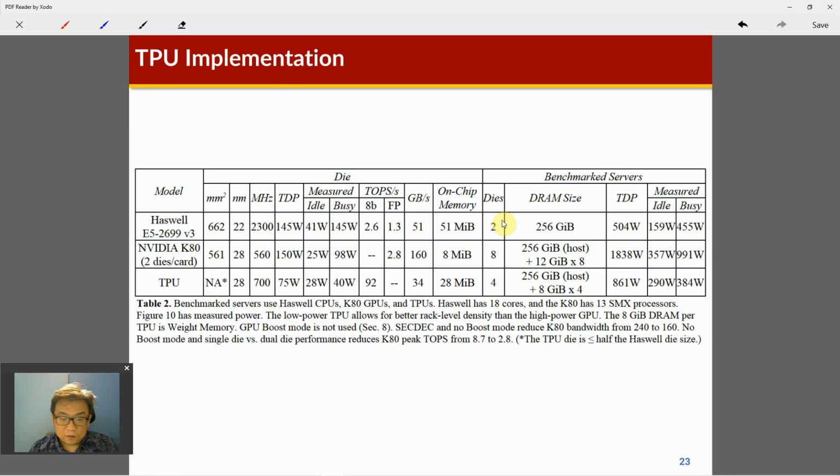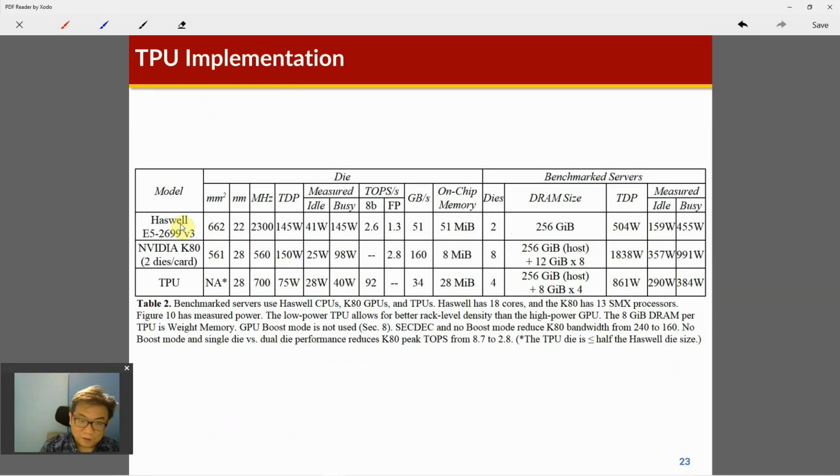And in the TPU paper, Google also compares the efficiency and power consumption metrics of the TPU with other general purpose processors, multi-core processors and GPUs.